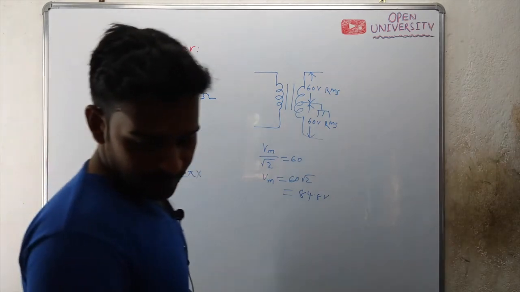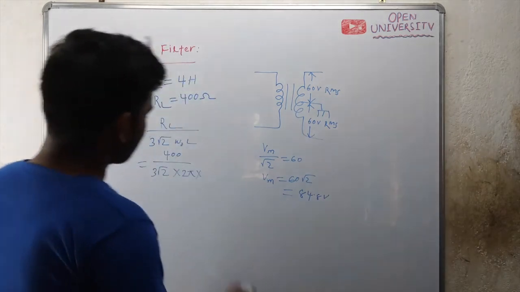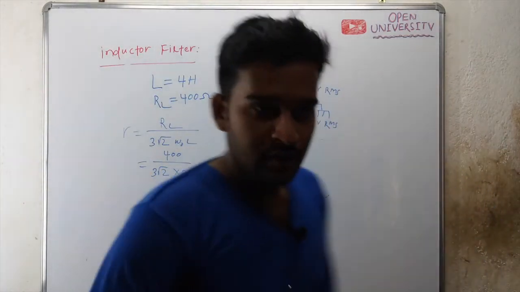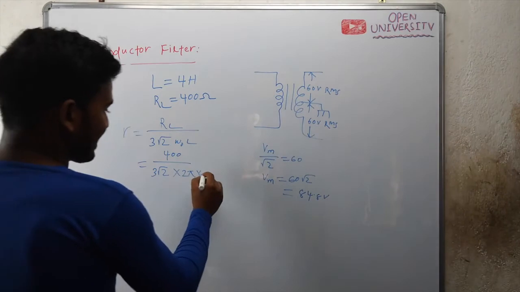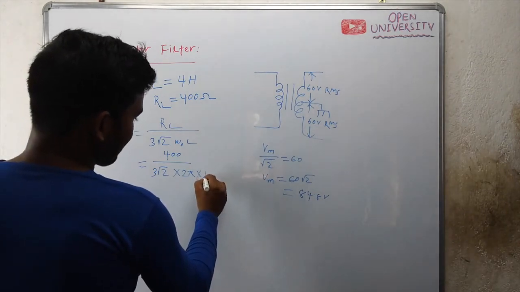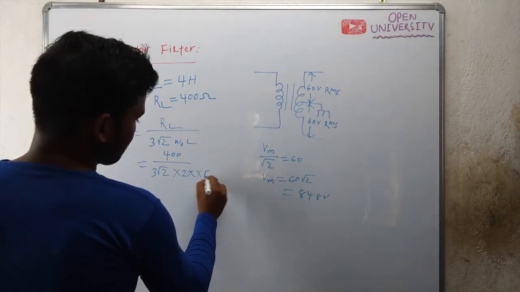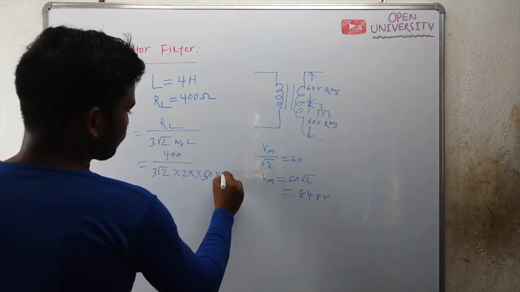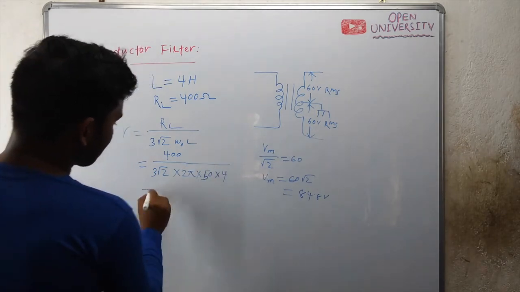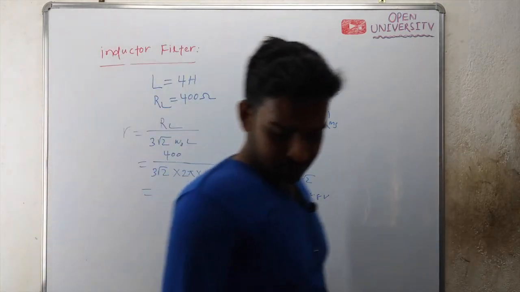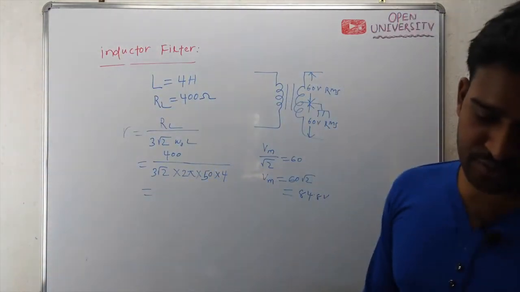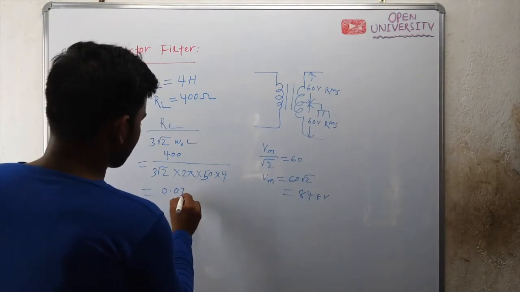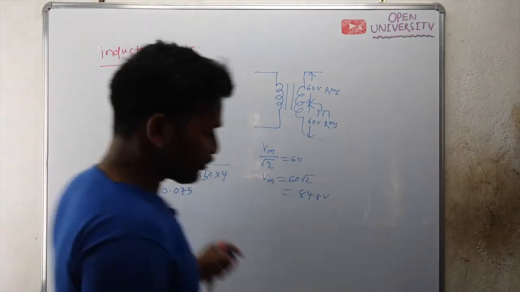The input frequency or line frequency. Input frequency is also called line frequency. So 2 pi into 50 hertz into L is 4. If you calculate, this will be 0.075. There will be no unit.